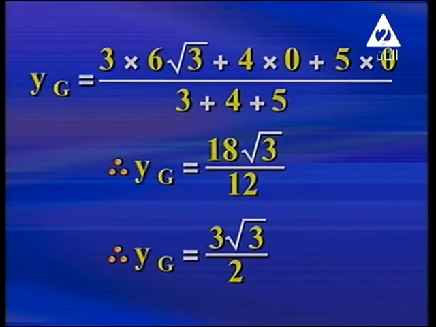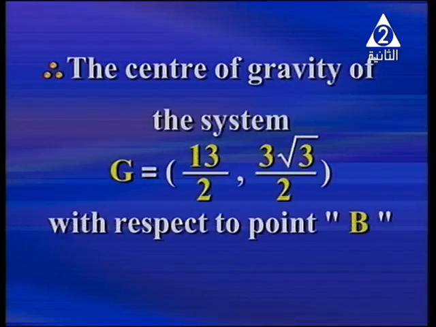Then what is the center of gravity of the system? G is 13 over 2 in x, 3 root 3 over 2 in y, with respect to the point B. Why? Because point B, we represent it as the origin point, B 0, 0.